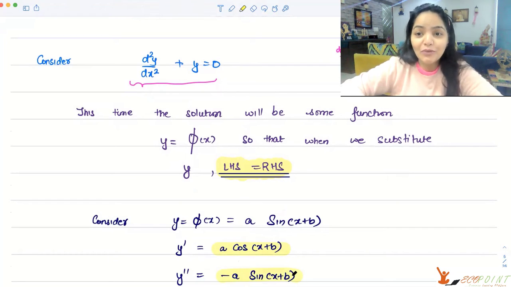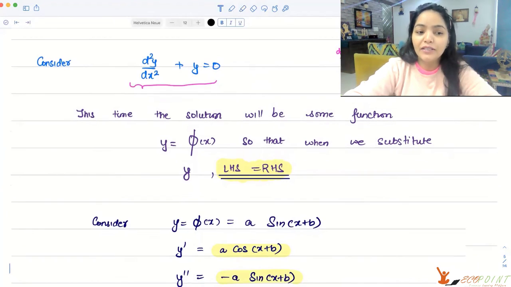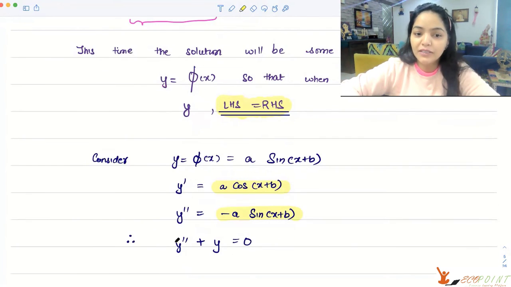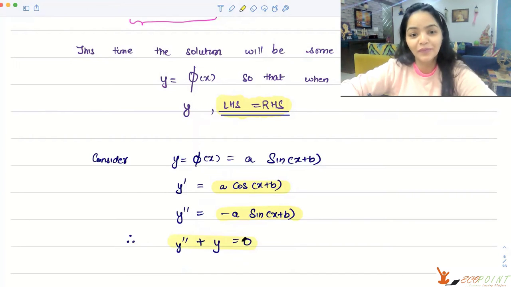And what do you realize here? If I take the double derivative, y double dash, and add y to it, I will get 0, right?